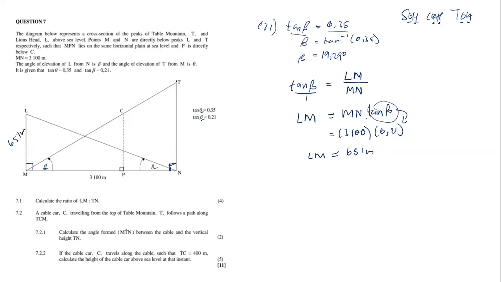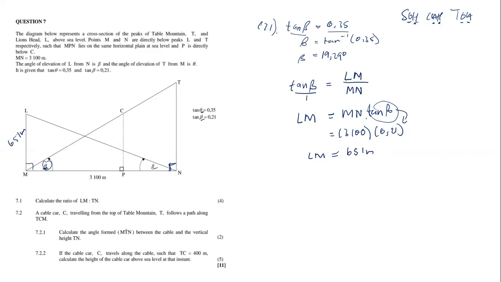Now let's go for this one then. For TN, we're going to use theta, because TN is in this triangle, TNM. We use theta now, not beta. To determine this, we are given tan theta, and we are given side MN. Again, MN is a common side for both triangles. So let's determine TN. Which trig function are we going to use?